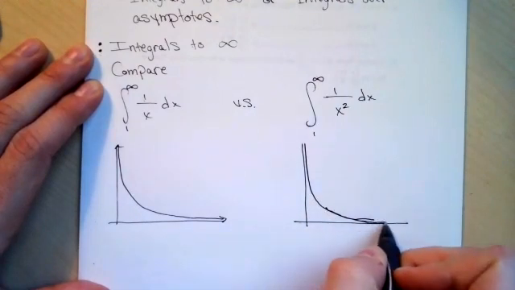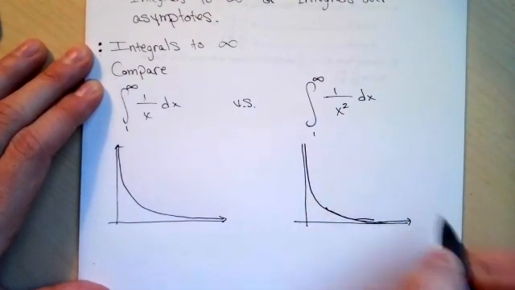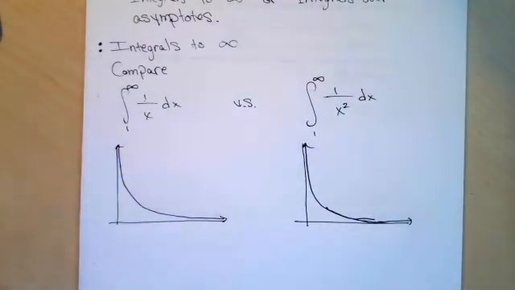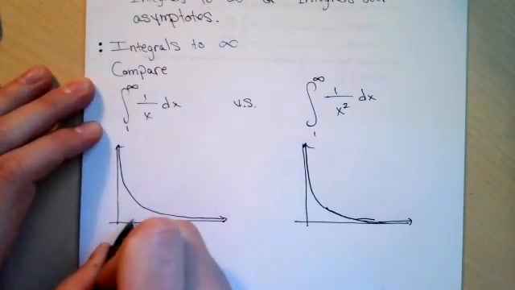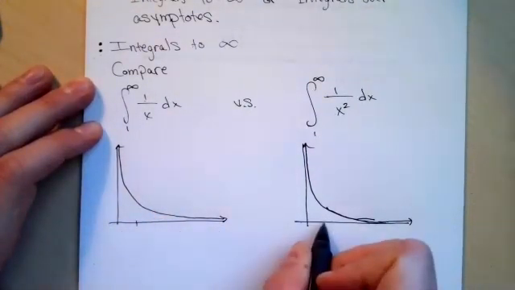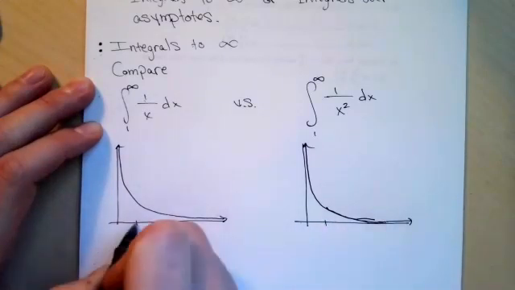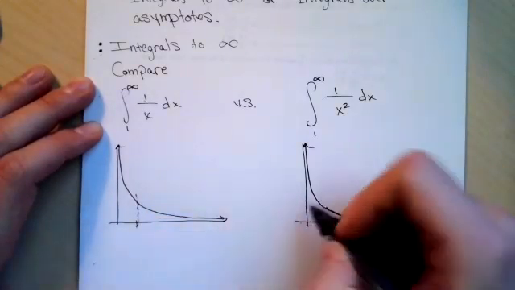Ugh, hand is slipping. It's just tighter in terms of the axes. And we're, of course, integrating from 1 to infinity.